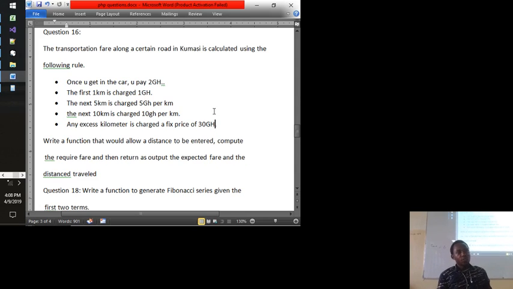So we want to check, based on the kilometers you travel, how much you are supposed to pay. So from this, if someone travels 3 kilometers, how much is the person supposed to pay? Let's do mental calculation.